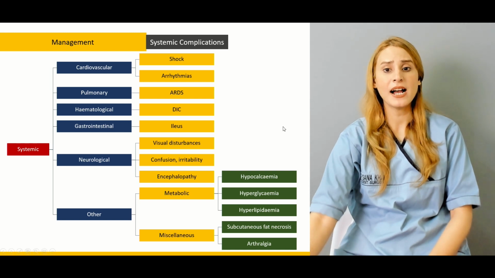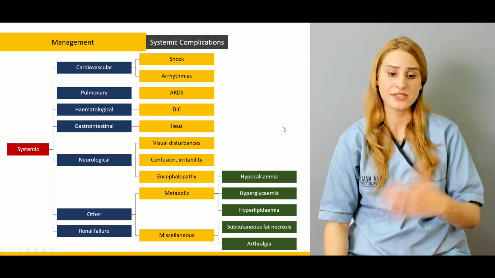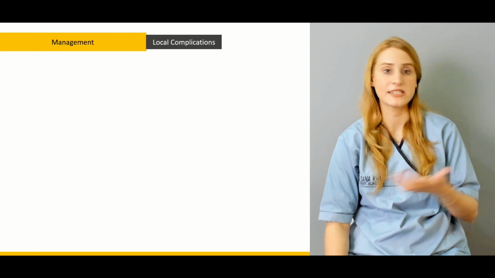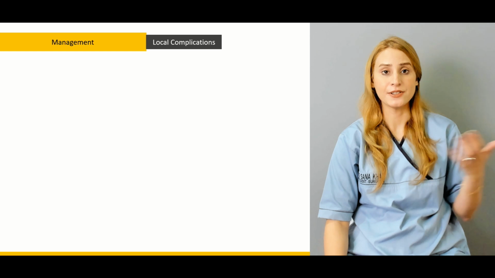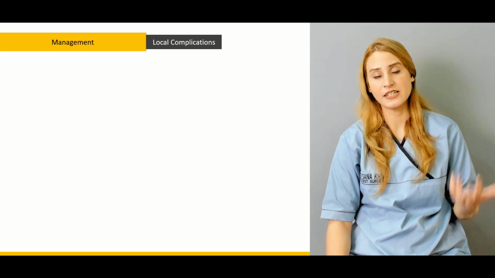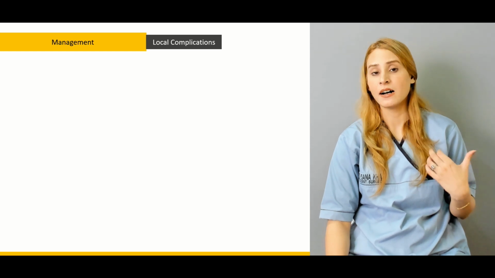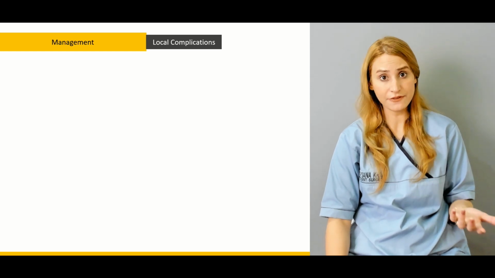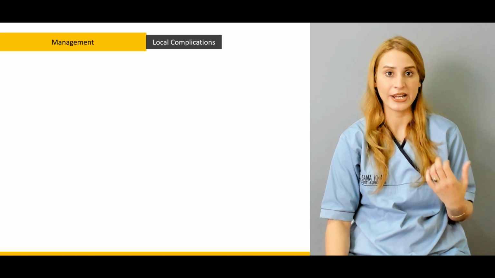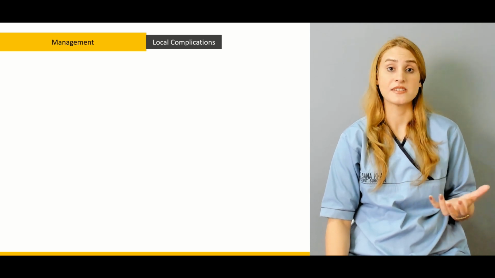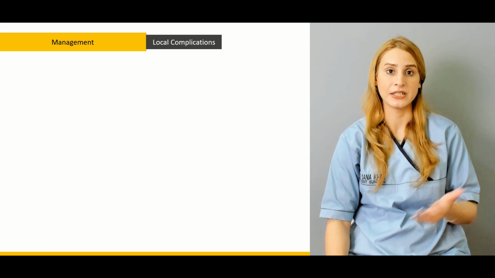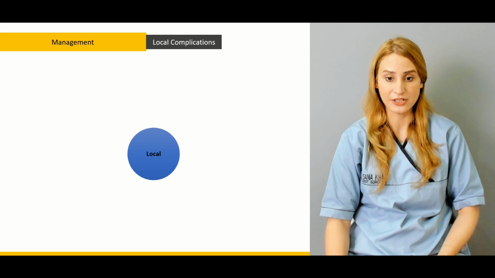Now, if we talk about the systemic complications, other than that, there can be renal failure, and the patient can ultimately go into acute renal shutdown. And we know how bad this acute renal shutdown is, and that is the cause of the death of the patient if the electrolyte imbalance is not corrected, or the patient is not put on hemodialysis, and the acute renal failure is not being treated.